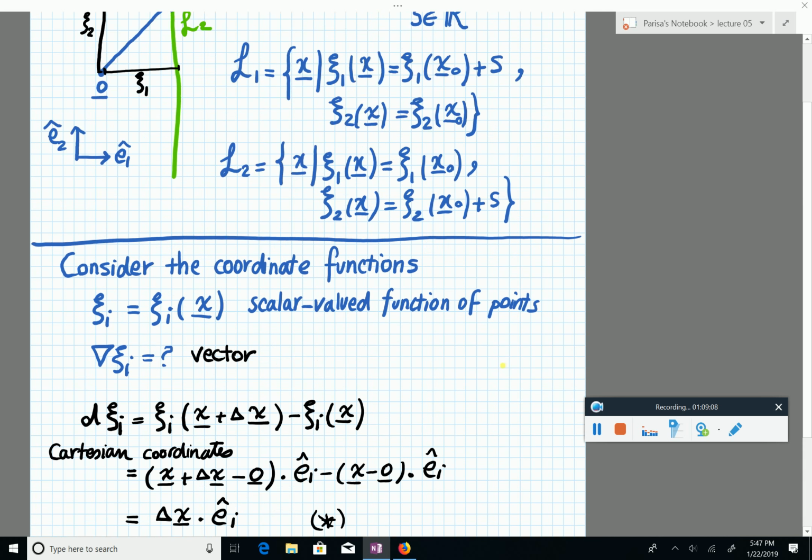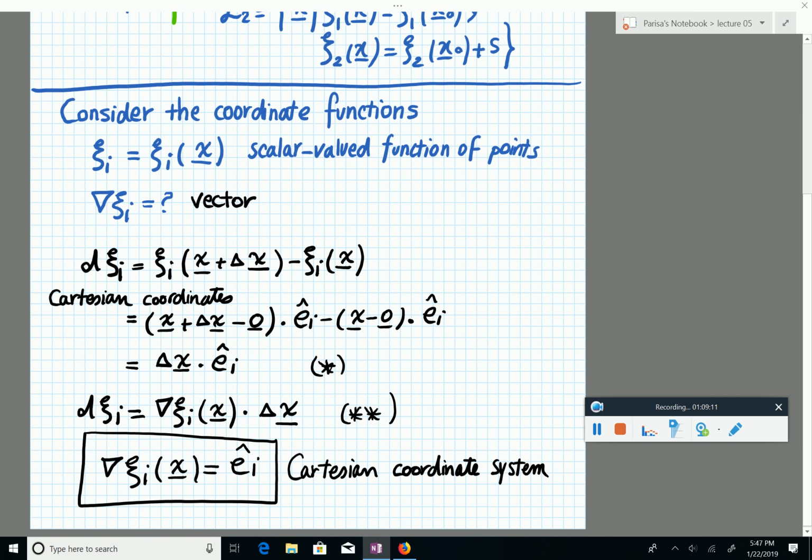So if I want to make sure I can move up, try to think how these gradients, what is the relationship between them and coordinate lines?